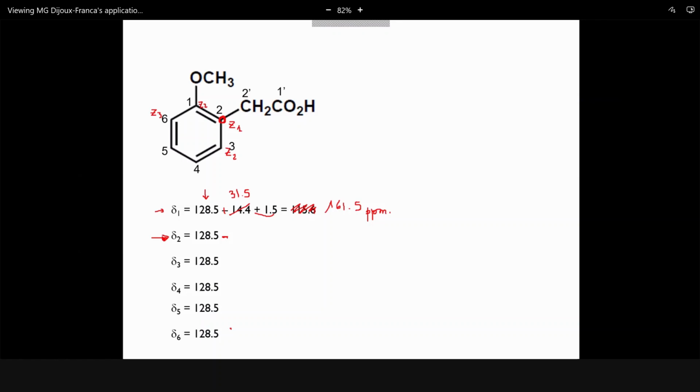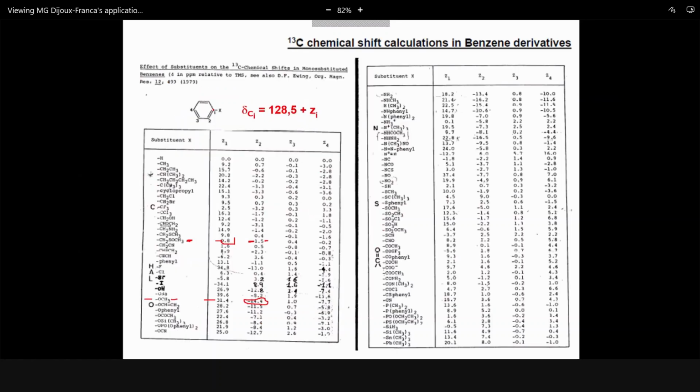If I come back to the table, I want to have in position Z1 this group. And remember, we didn't find it exactly, but we found something quite similar, so in position Z1 we will add 0.8 ppm.